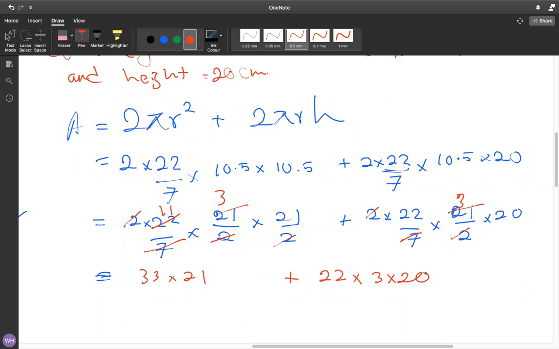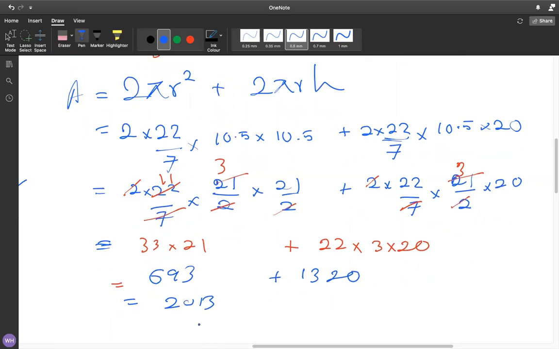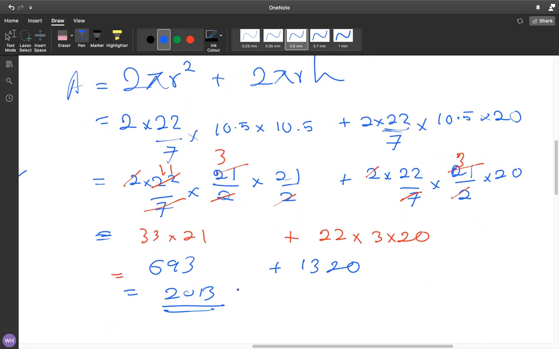Okay, so 33 times 21 will give you 693, and 22 times 3 times 20 will give you 1320. Taking the sum of these two will finally finish with 2013. So this is an area, so be careful, the units are in square centimeters.